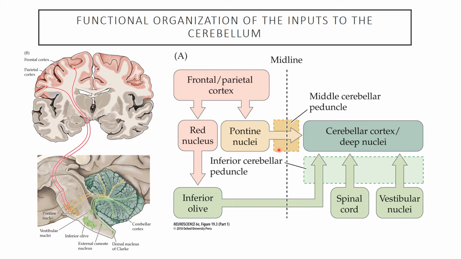They would be nerves if they were bigger and longer, but we refer to them as peduncles. And we have the pontine nuclei through the middle cerebellar peduncle, which is receiving mostly input from the frontal and parietal cortex. And then we also have these additional areas, the vestibular nuclei, the spinal cord, and the inferior olive, going through the inferior cerebellar peduncle to connect up to the cerebellar cortex.